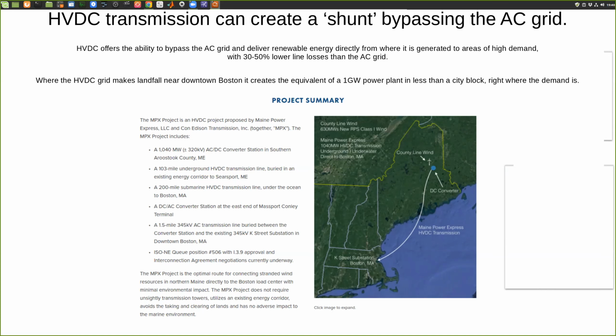So this power line makes landfall, and within the space of less than a city block, you can have a DC to AC converter, and then you tap into an existing part of the grid, namely where that fossil plant used to be.